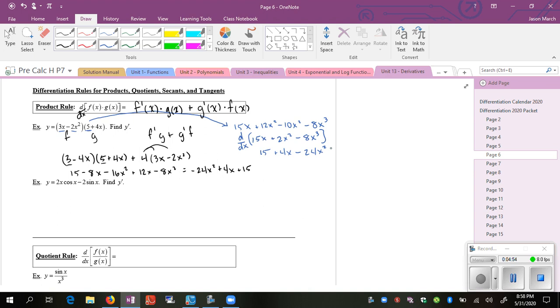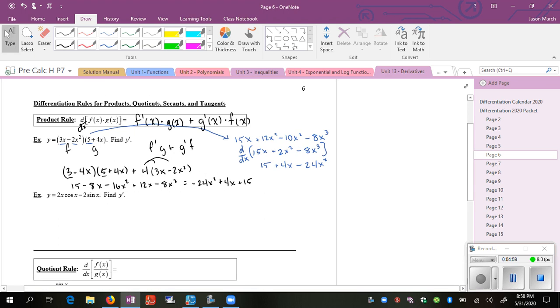So let's practice. The first one we have is with a trig function. We have 2x cosine x minus 2 sine x. Now, 2x cosine x requires the product rule because we have a variable times a trig function.